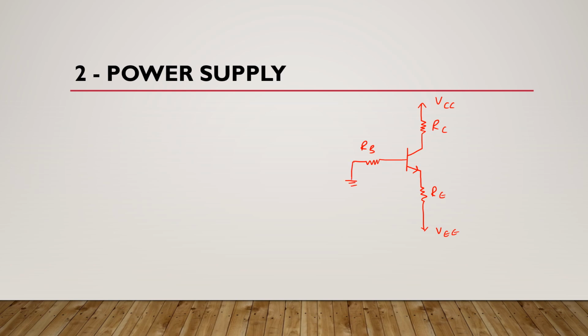Now in this case, the formula for emitter current will be (VEE minus VBE) divided by (RE plus RB divided by 1 plus beta). Okay, so this is your second scheme.